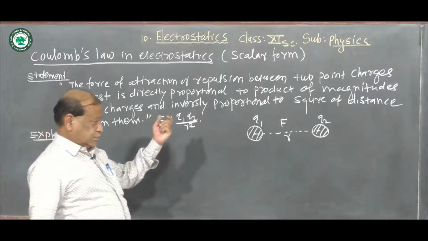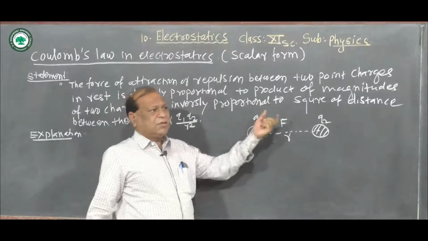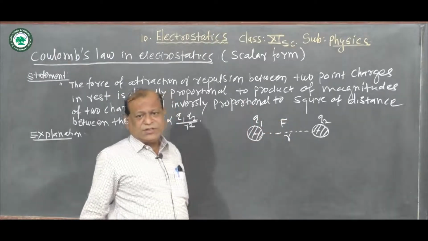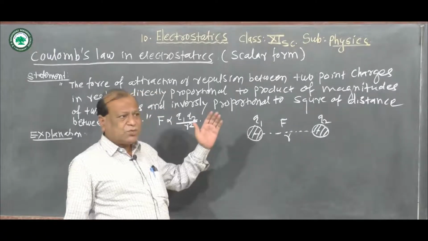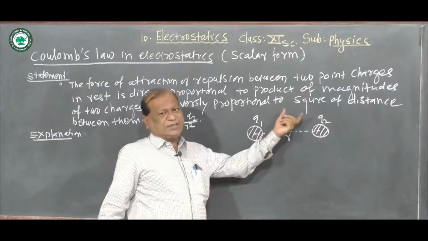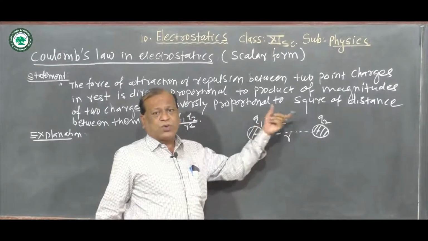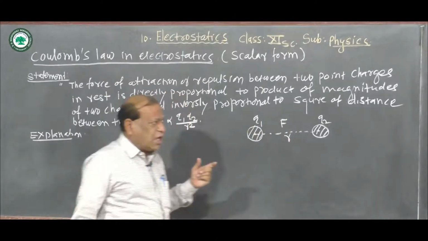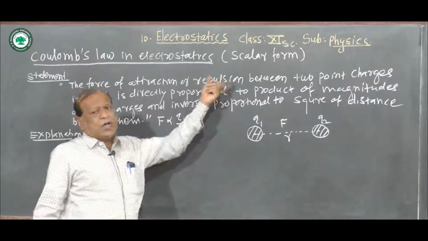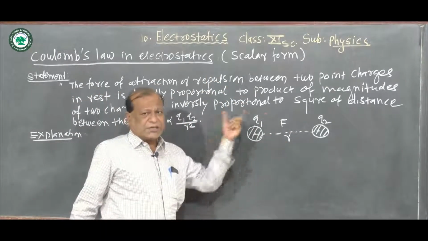Means if there are two like charges, then there is a repulsion between those two charges. If these charges are unlike charges, means one positive and another negative, there is a force of attraction. Therefore the wording is the force of attraction or repulsion between two point charges.